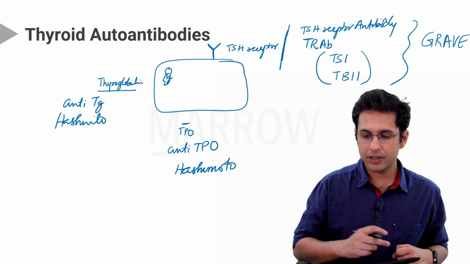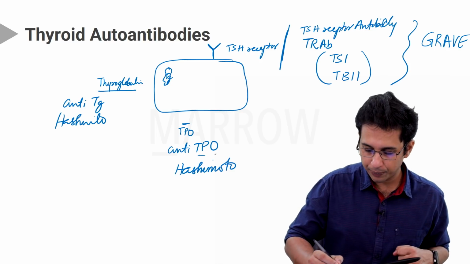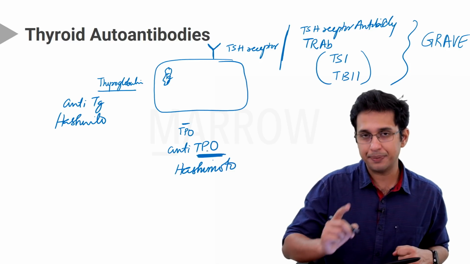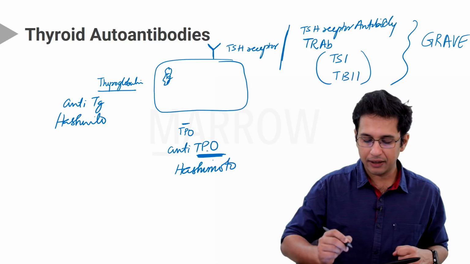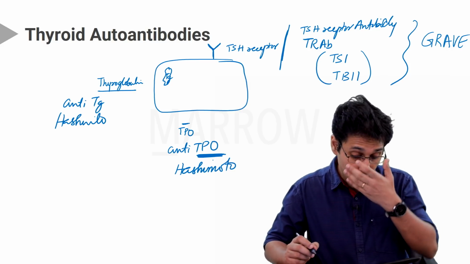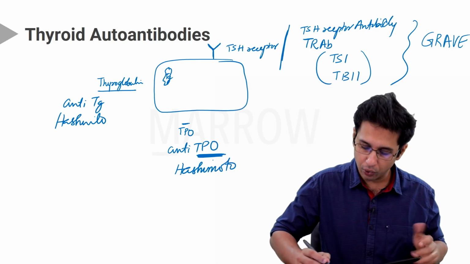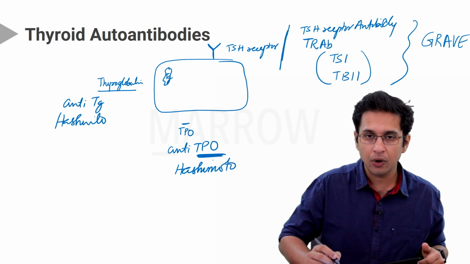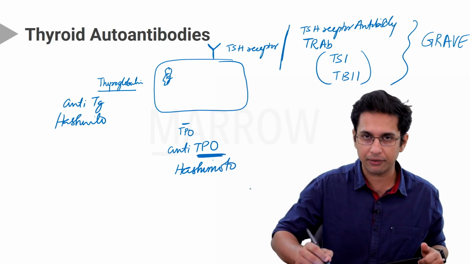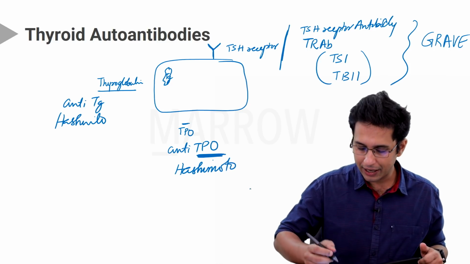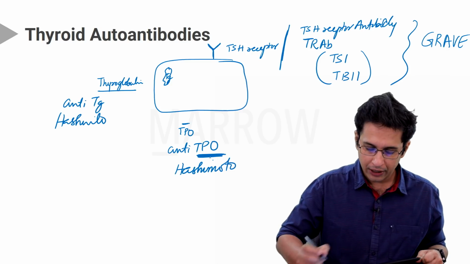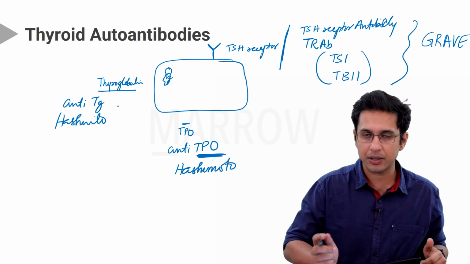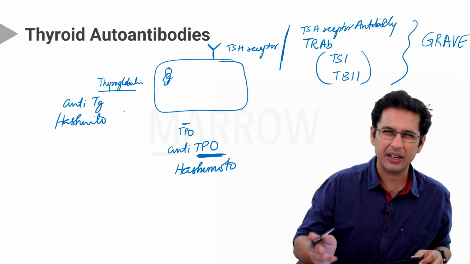Which is the more sensitive one? Anti-TPO. So if you suspect Hashimoto and have to check for it, no need to do the anti-TG antibody, only do anti-TPO. This is good enough, right? So in Hashimoto, it is anti-TPO. Anti-TG is also high in Hashimoto, but usually not needed nowadays.